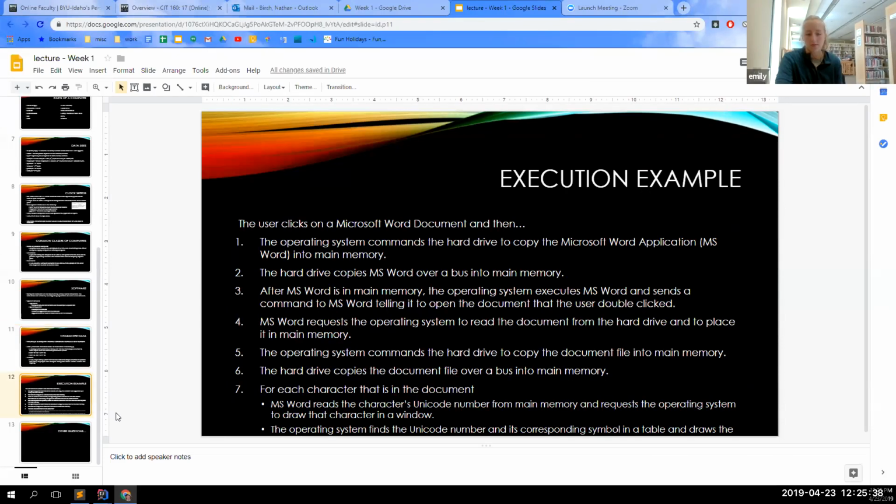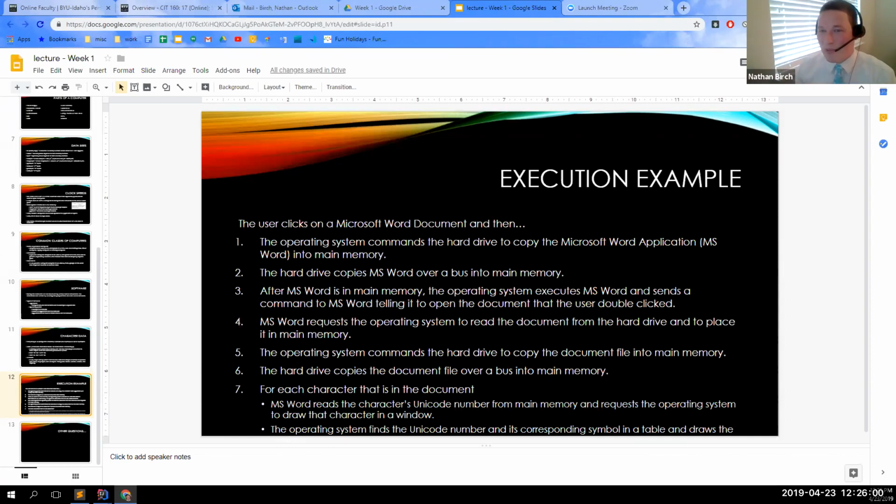All right, so let's talk about an execution example. Let's say the user clicks on a Microsoft Word document. Let's go over everything that would actually happen. First of all, the operating system commands the hard drive to copy the Microsoft Word application into main memory. For the computer to even utilize Microsoft Word, it has to be in an accessible state.